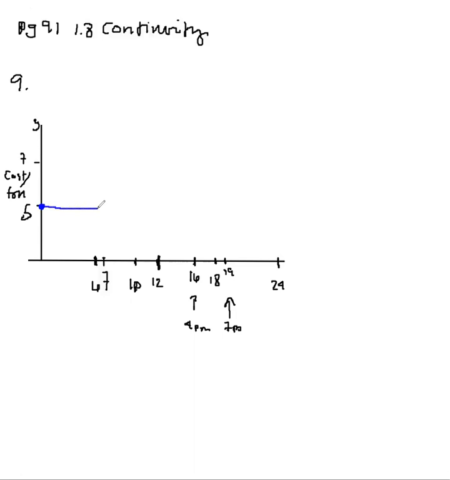It's going to be a flatline. And then am I going to have an open circle here or a closed circle? Yep, open. And my closed circle is going to be where? It's going to be up at 7. So I'm going to have a closed circle up here, and then I'm going to go to 10 a.m. I'm going to kind of repeat. I'm going to have an open circle at 10, and that's when it makes the switch back down to $5. We're going until 4.